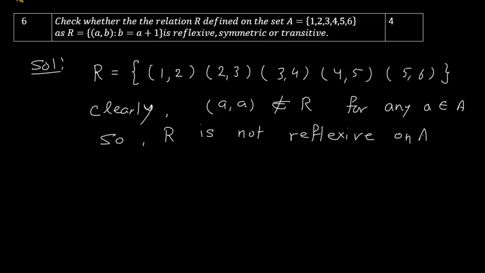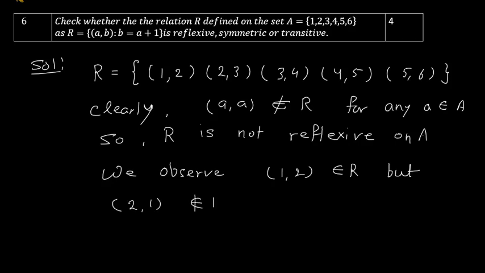Similarly, we observe that (1, 2) belongs to the relation, but (2, 1) does not belong to the relation. Therefore R is not symmetric.